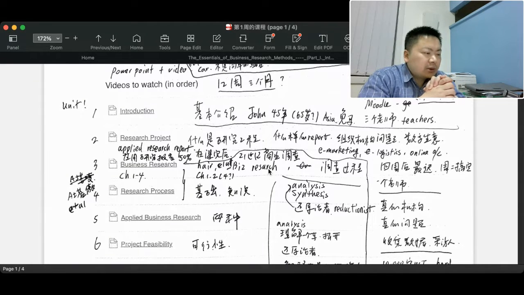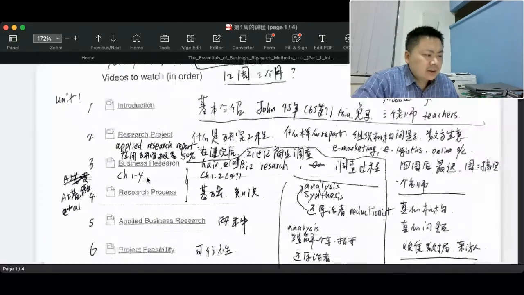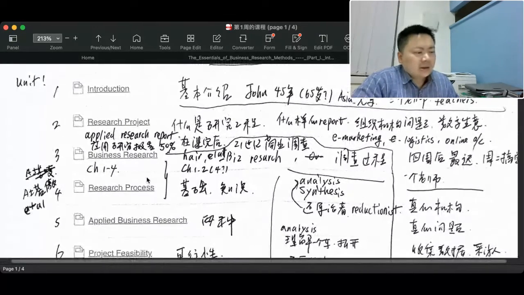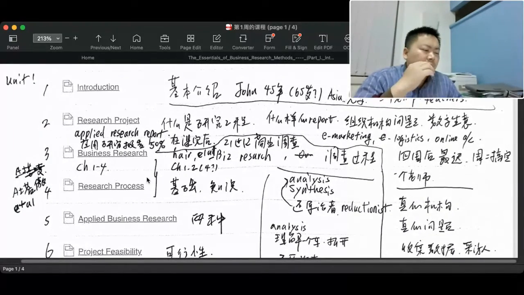The third point is business research. We were given a book, Business Research for the 21st Century. My teacher has mentioned it in several places using the term "Hair et al."